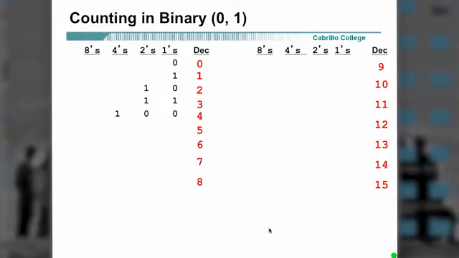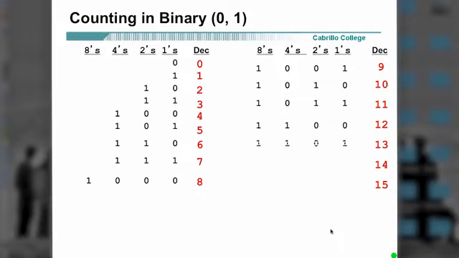It's that simple. So as we can see, 5 would just be 1 0 1. 6 would be 1 1 0, 1 four, 1 two, 0 ones. 7, 8 would be 1 in the 8s and 0 in the 4s, 2s, and 1s. 9, 10. 10 would be 1 eight plus 1 two. 8 plus 2 is 10. 11, 12, 13.